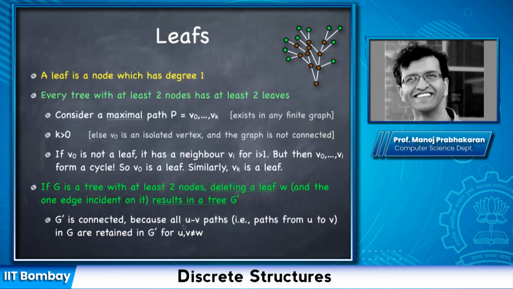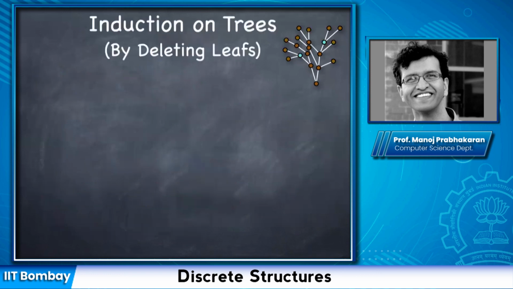All right, so why are these two things such a useful fact? They're useful because you can use them for induction. We have been using induction usually with numbers, inducting on sizes of things.